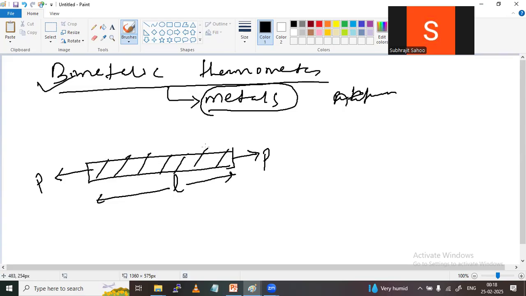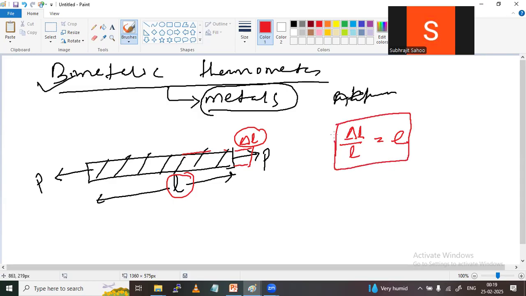It will be deformed. The change in length will happen; the length will increase by delta L. Delta L by L is called strain. Everybody knows this is the strain formula.